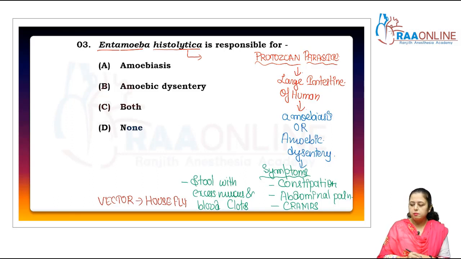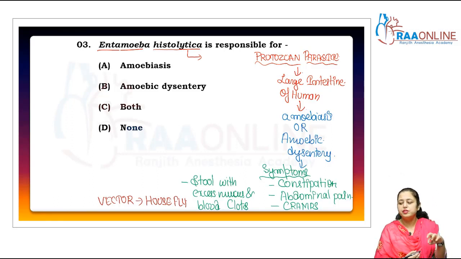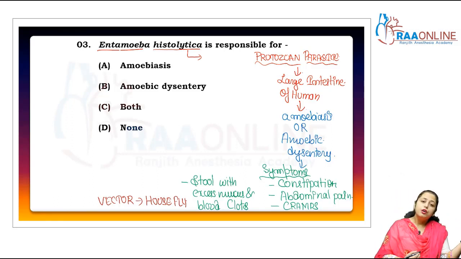That housefly is the mechanical carrier and serves to transmit the parasite from the feces of the infected person to the food, right? And in that manner it is transmitted to another person. So through that summary of Entamoeba histolytica, the answer is it is responsible for amoebiasis and amoebic dysentery both. So the answer is C.